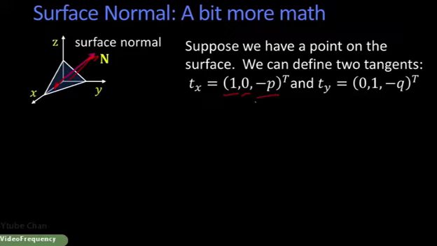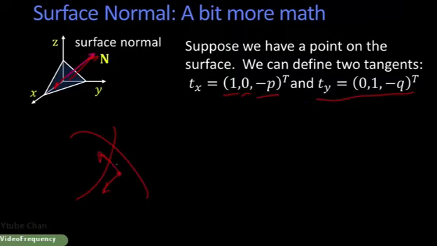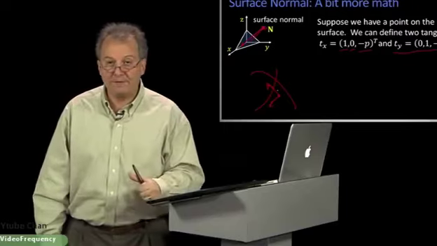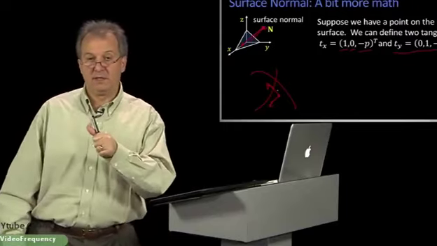So that's the tangent in the x direction, so it's on the surface. Let's draw ourselves a little surface here, put a point here, and this is one tangent vector. The other tangent vector we can have is if we just take a step in the y direction, then there's how z changes as a function of y, and that's negative q, and so that would be another tangent.